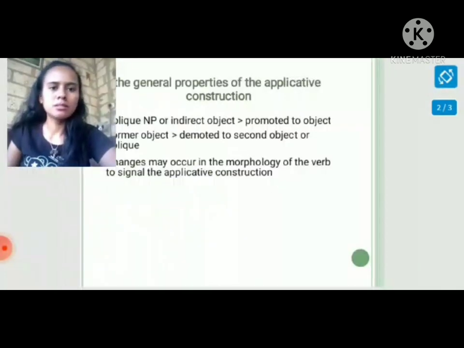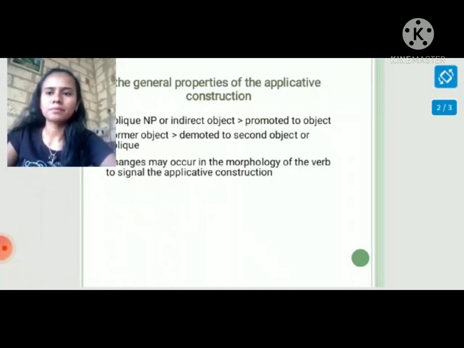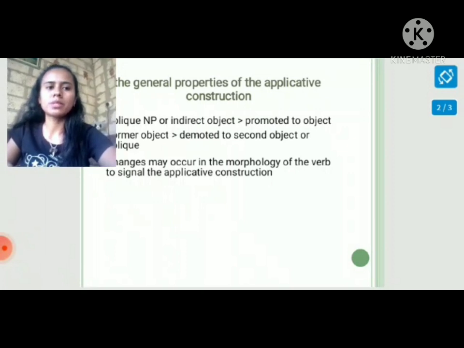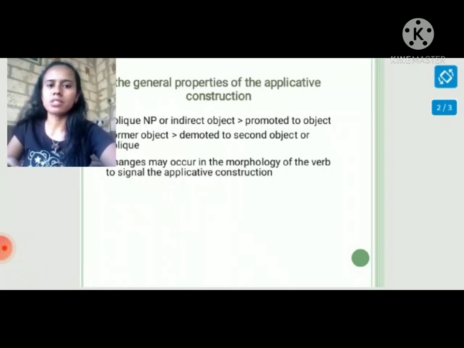Next, we can see the general properties of the applicative construction.